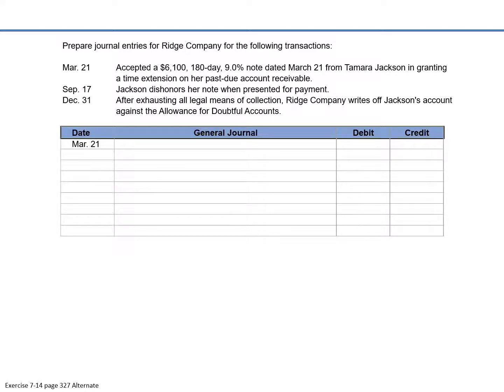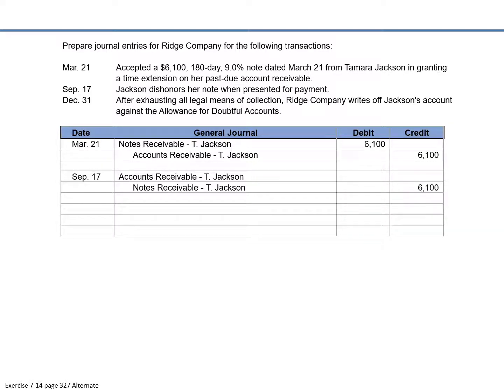All right, so on March 21st, we're going to record our note receivable. So note receivable to Jackson, $6,100 debit, and account receivable, we're going to reduce that balance, $6,100. Then when Jackson dishonors the note, we're going to put the receivable back on the books at the original balance plus the interest that's accrued.